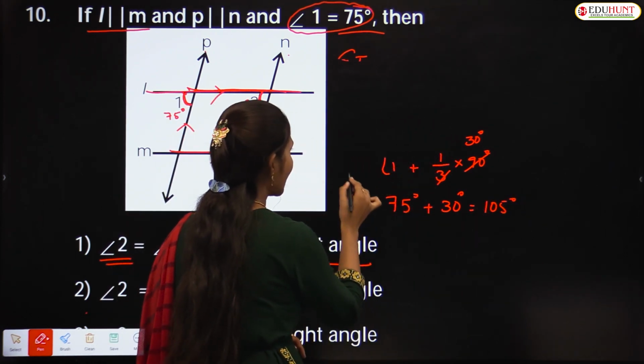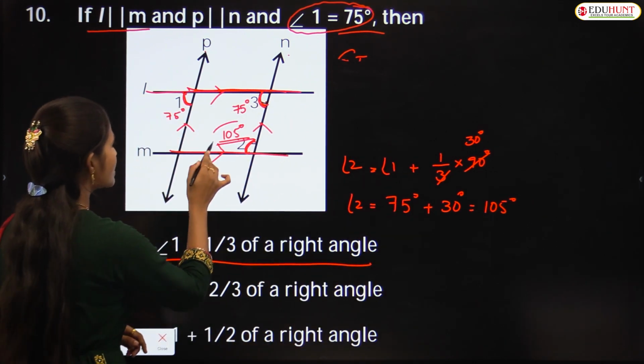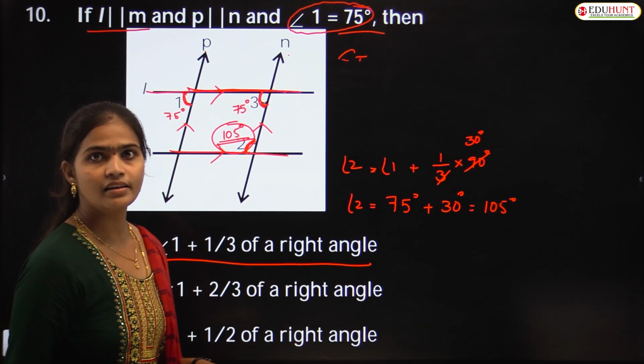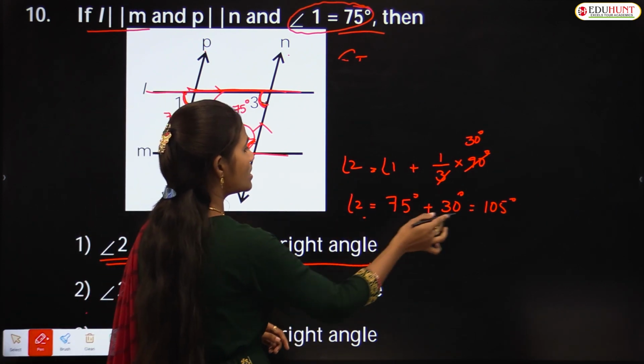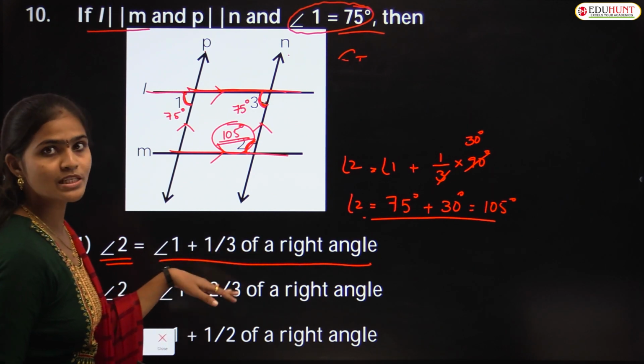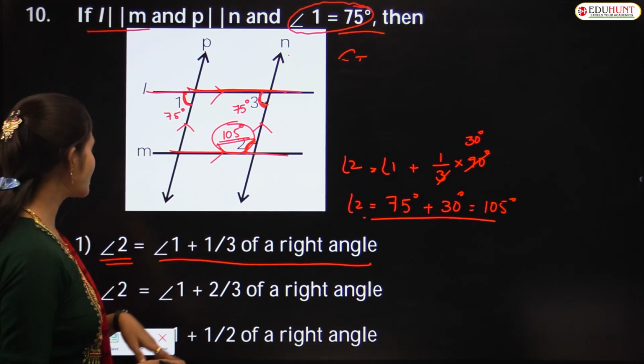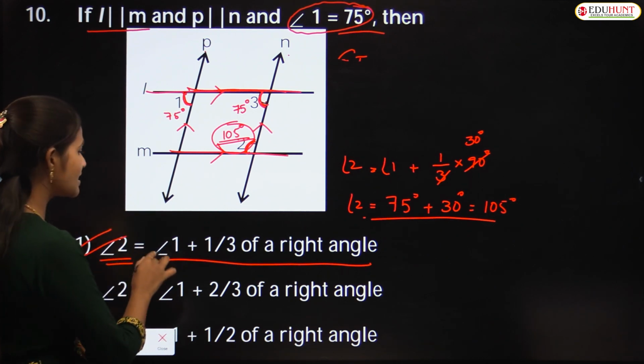They are asking about angle 2 only. So angle 2 is what in the option? 105 degrees, we know that. So angle 2 is equal to 75 plus 30. After simplification of the options we should get that the angle is 105 degrees only. So that's why option 1 is correct.